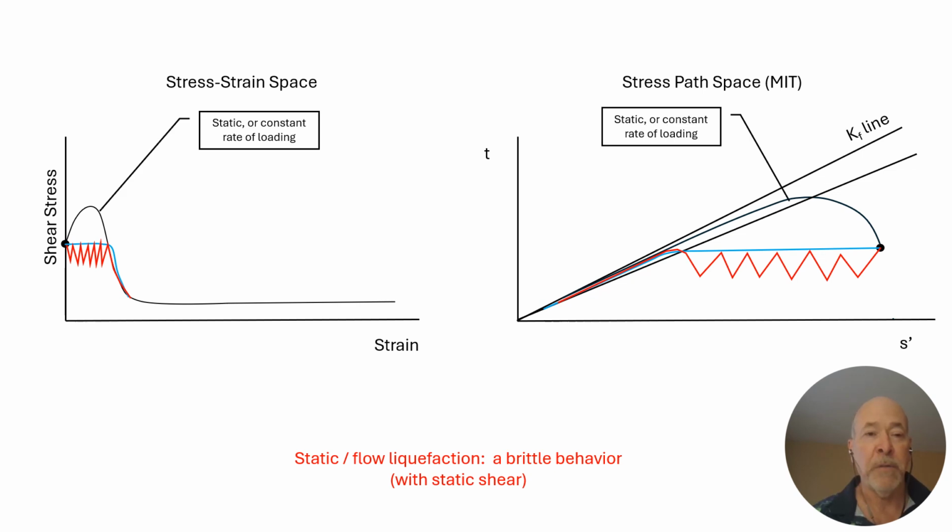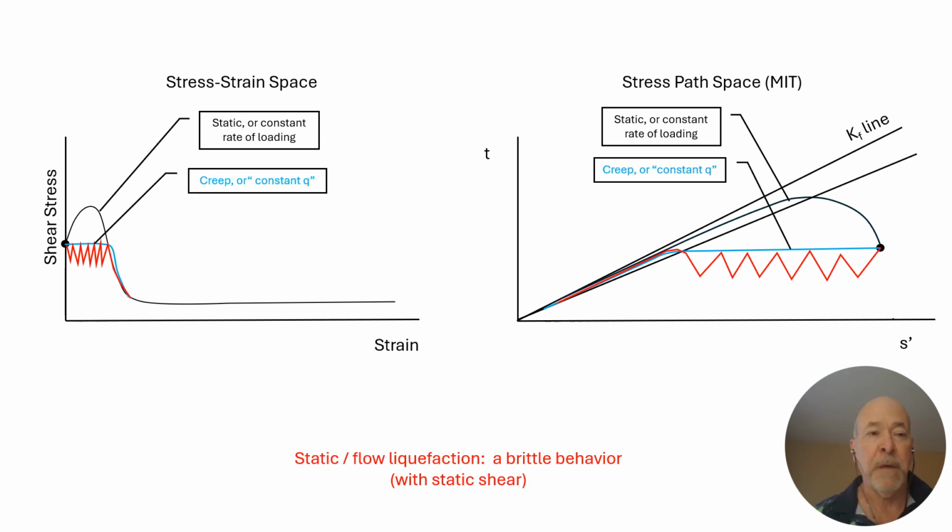So what do we call those? So left-hand side, we can see the peak. This is a curve that's static or a constant loading rate. The blue line is creep or also a constant Q. And what we mean by constant Q is an increasing pore pressure under drained conditions.